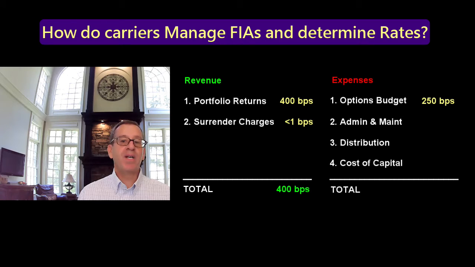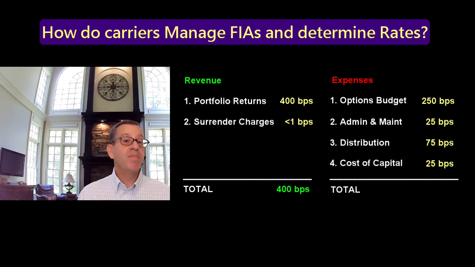The insurer expects to incur, say, admin expenses of 25 basis points per year, which is very customary, and expects to pay out a 75 basis point sales load, which is also customary. Usually it's structured as an upfront commission, but we'll level it off to 75 basis points per year. And further, they have to hold 25 basis points for regulatory capital, which is also in the ballpark.